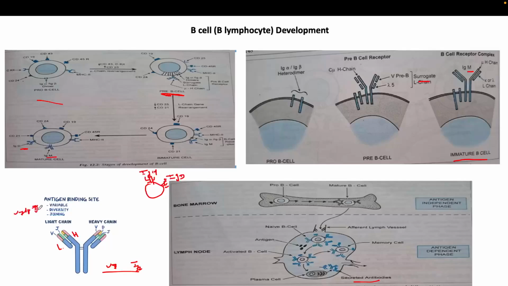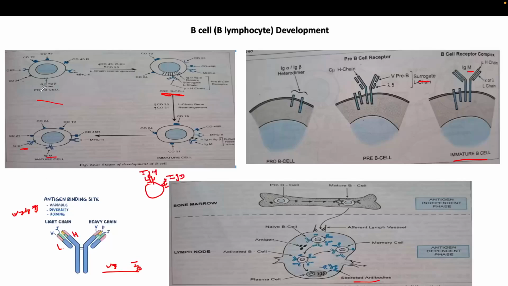I don't remember the exact numbers of how many V, D and J segments there are, but it is like that. It is a random process, so this V can recombine with any one of the D and any one of the J segments. Each B cell has equal chances to recombine with other types of D and J, and vice versa. So this type of rearrangement takes place here.